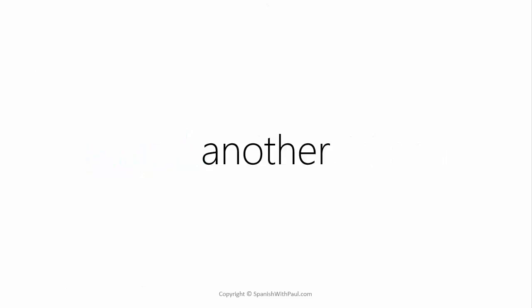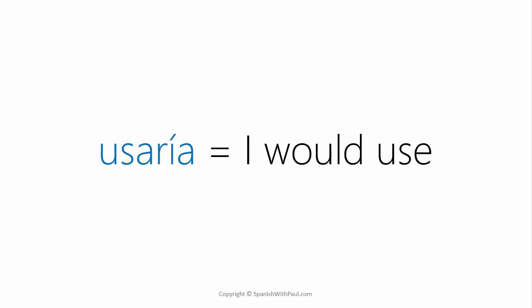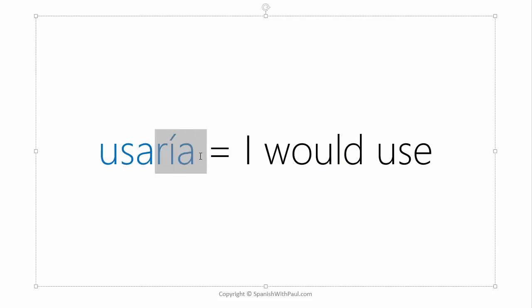Let's do another example. We could take the verb to use, which is usar. So what happens for I would use is you take usar and add again your ia, and what you get is usaría. Here you have I would use from usar to usaría.